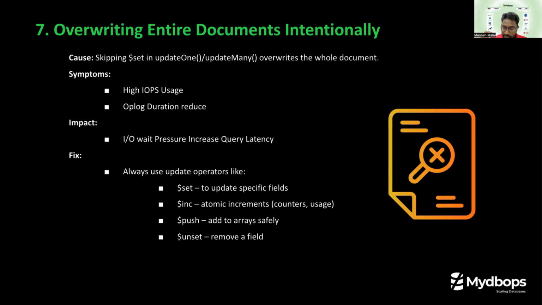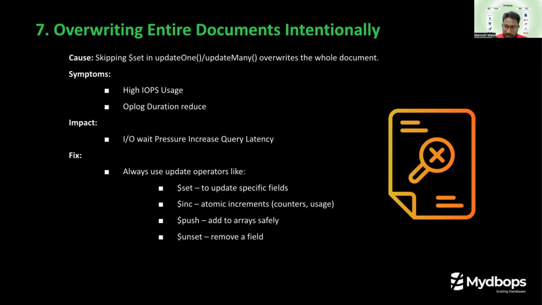What the majority of developers do is, if they need to update something in an existing document, they retrieve the document from the database, change the entire information, then delete and reinsert it with the same underscore ID. I hope you are able to visualize what I'm trying to say.